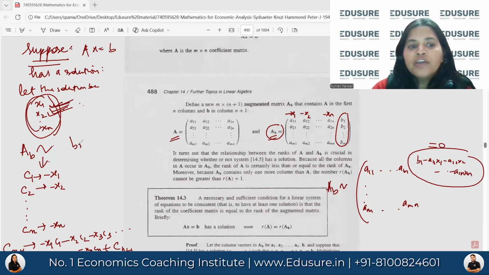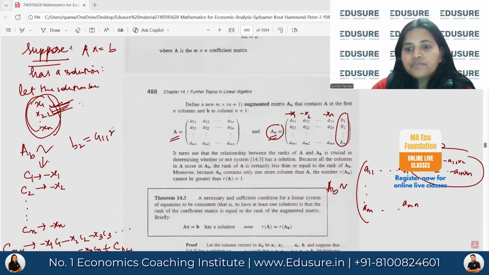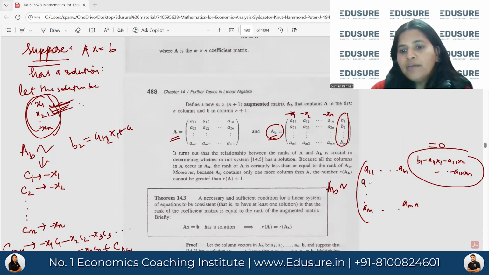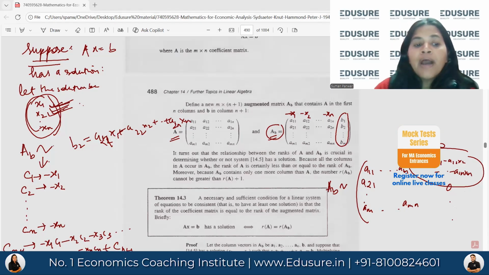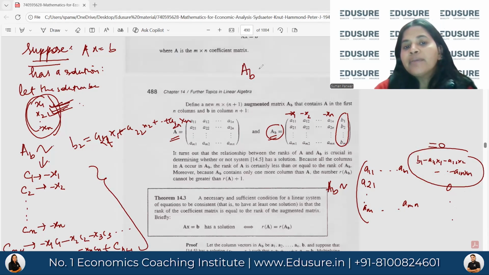Similarly, b2 should be equal to a21 x1 plus a22 x2 till a2n xn. So similarly, this entry will be 0. So by using these operations, my augmented matrix [A|B] will be equivalent to the original matrix A, with the last column being 0.